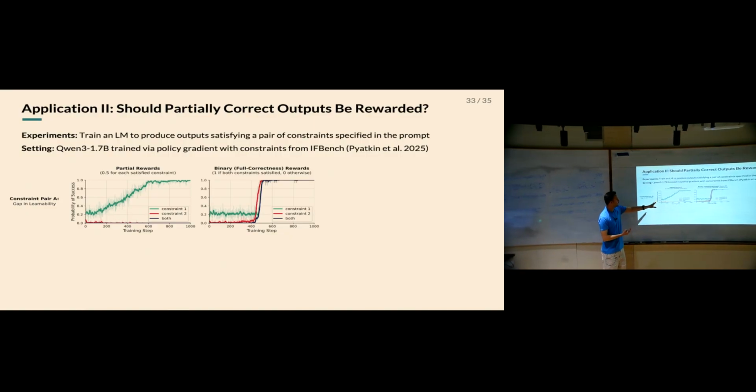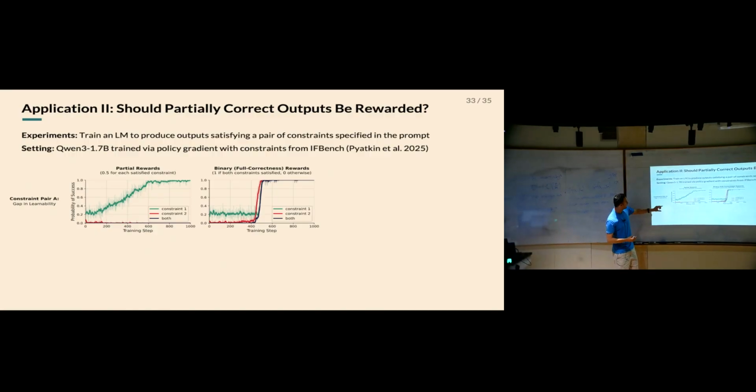Here we train with partial rewards. And what you can see is that when there is a very big gap between the probability initially of satisfying one constraint, which starts from around 0.2, and satisfying both, which here is a lot lower because satisfying the other constraint is small, then what can happen is that we will only learn to produce outputs that satisfy one of the constraints, and then we get stuck.